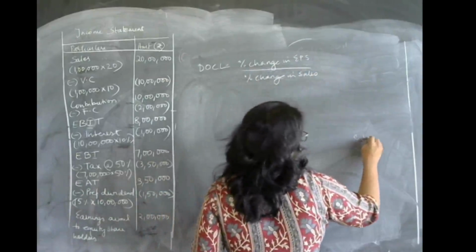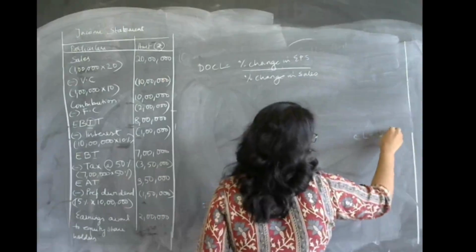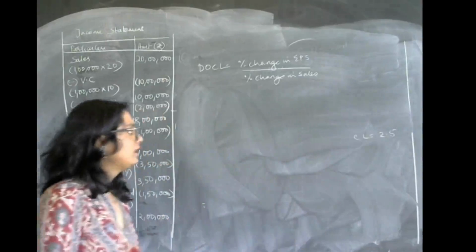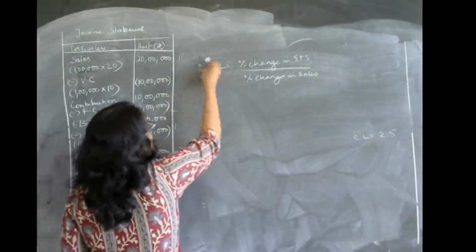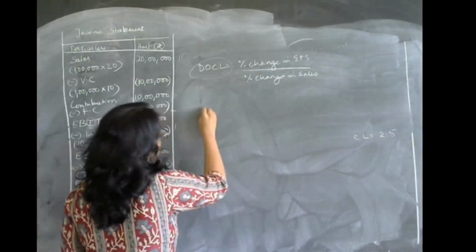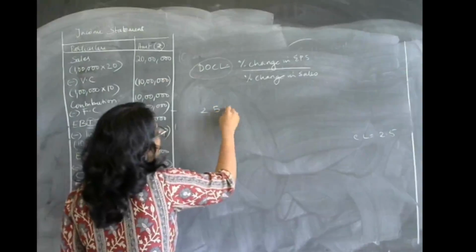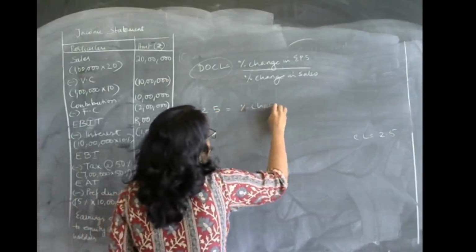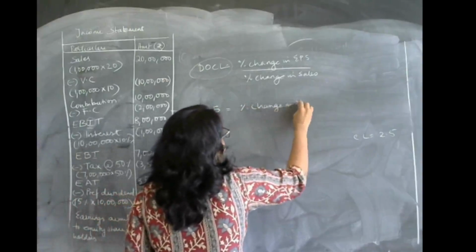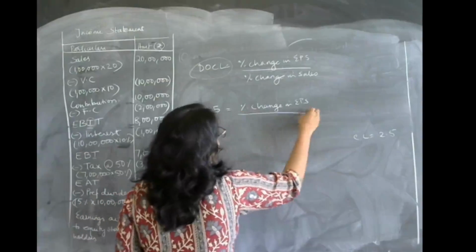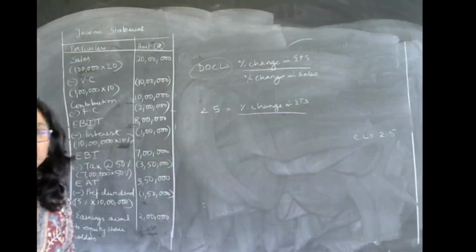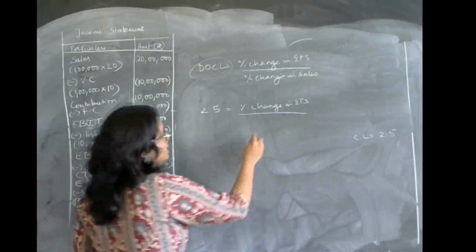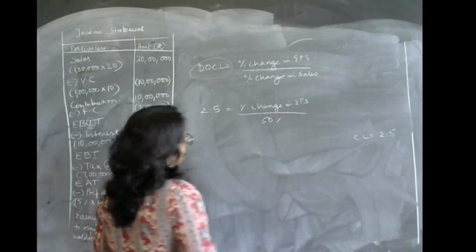Now combined leverage in the previous question we got as 2.5. Degree of combined leverage is nothing but combined leverage. So we can write it as 2.5. Now percentage change in EPS is what we need to find. But we know the percentage change in sales. It is 50%. So you can write 50%.